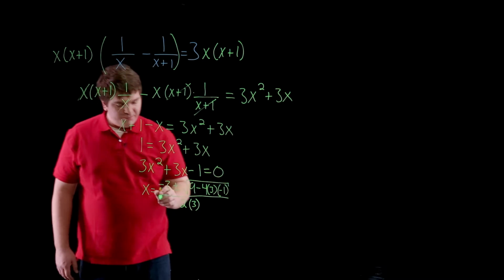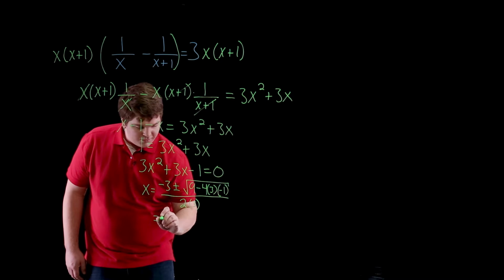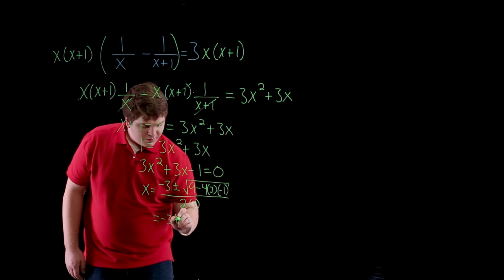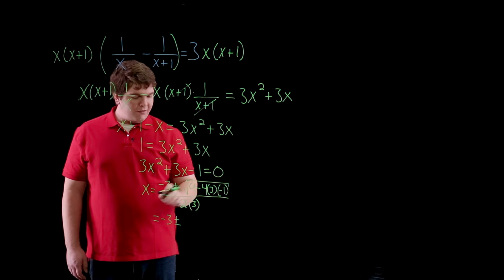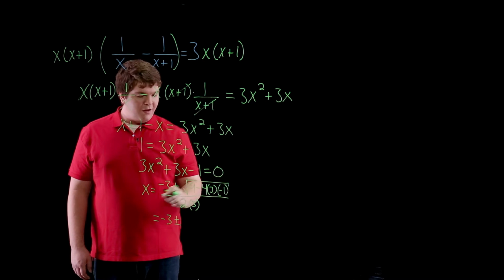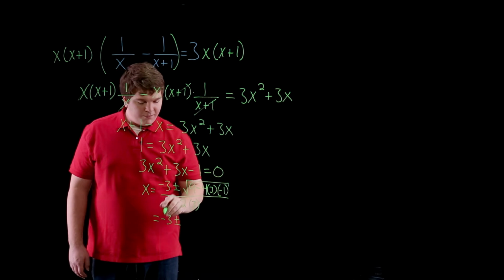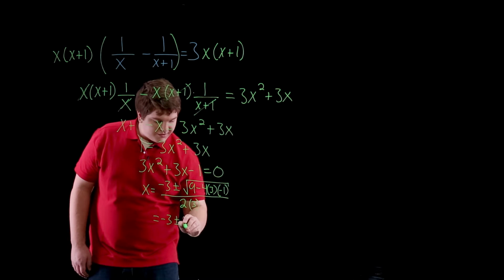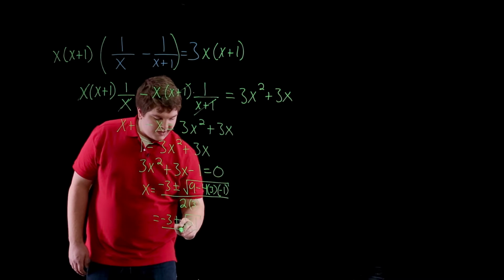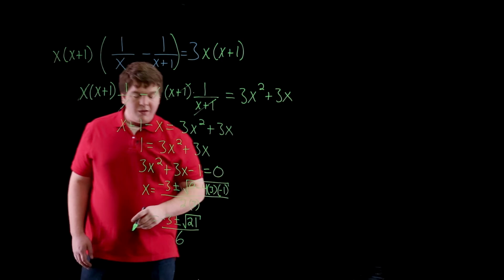Now this will simplify, so x is equal to negative 3 plus or minus the square root of 9 minus 4 times 3 times negative 1, which is 21. So it's negative 3 plus or minus the square root of 21, all divided by 6.